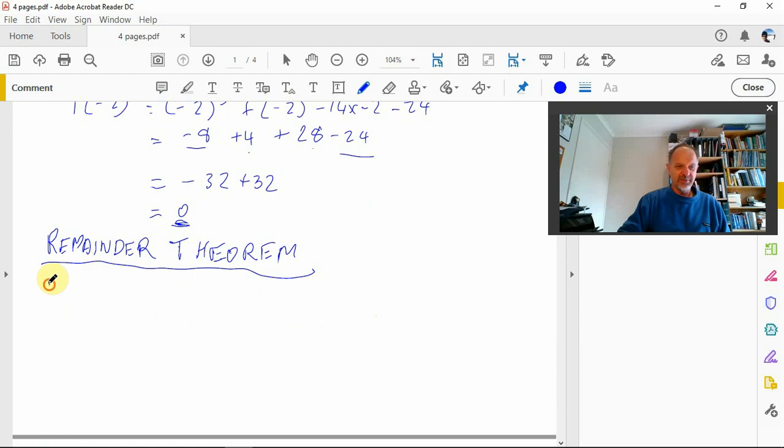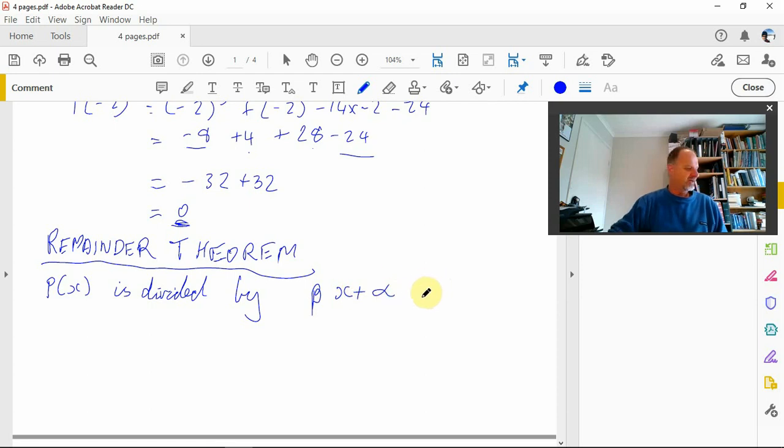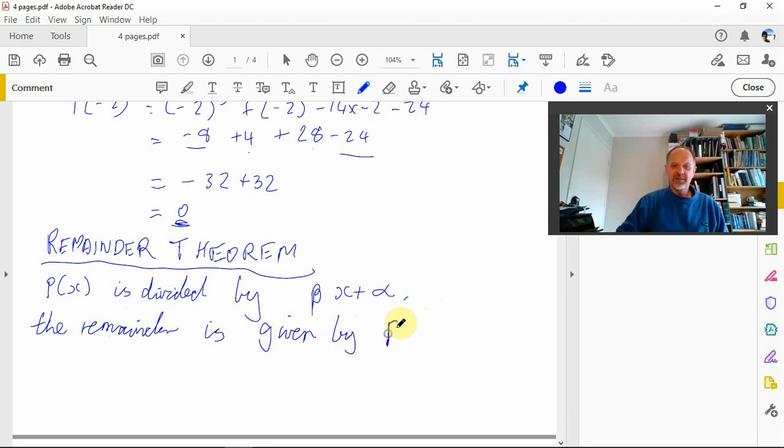So if P(x) is divided by beta x plus alpha, where beta and alpha are numbers, then the remainder is given by P of minus alpha on beta.